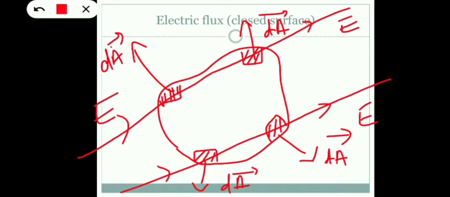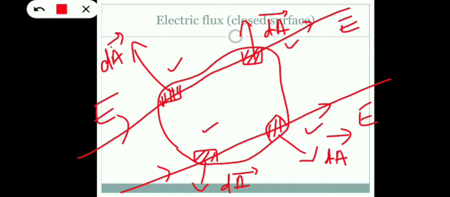Now, how will you calculate the electric flux passing through this whole body? For that, first we need to find out the electric flux through each of these area elements. Then we will add the electric flux passing through all the area elements.